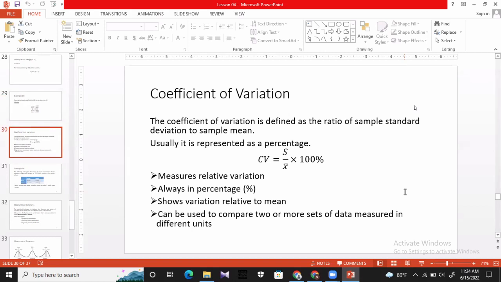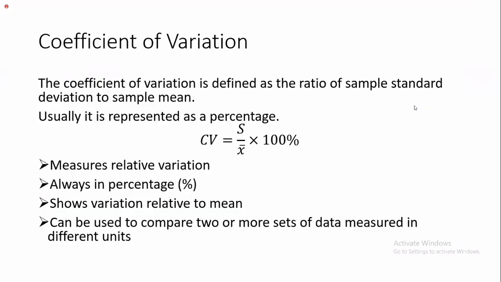I just discussed with you how to compare 2 data sets with their mean values or with their variances. Now we are going to compare 2 data sets or 2 variables using their coefficient of variation. Coefficient of variation is a coefficient found from the mean value and the standard deviation, and it gives a percentage value.